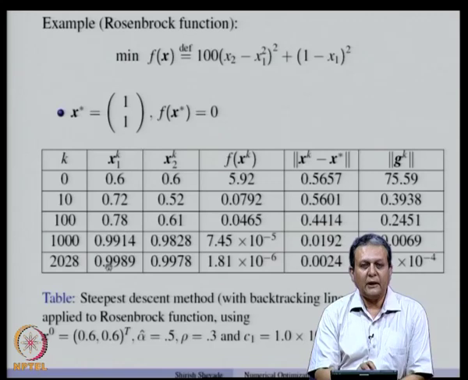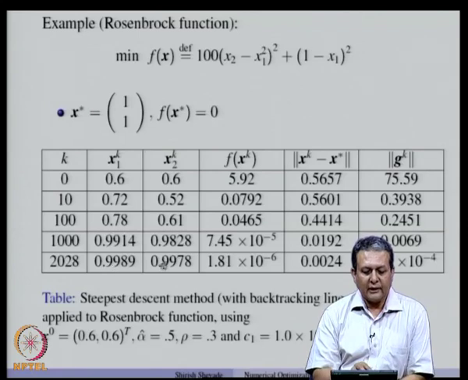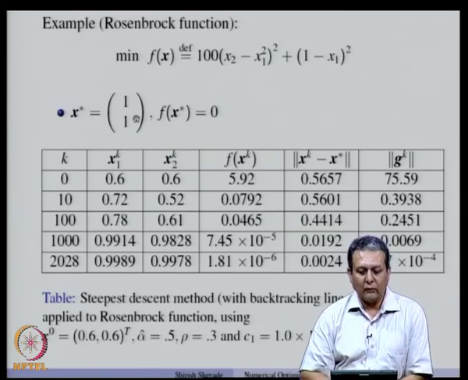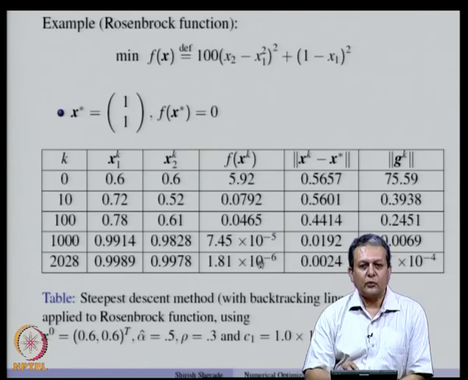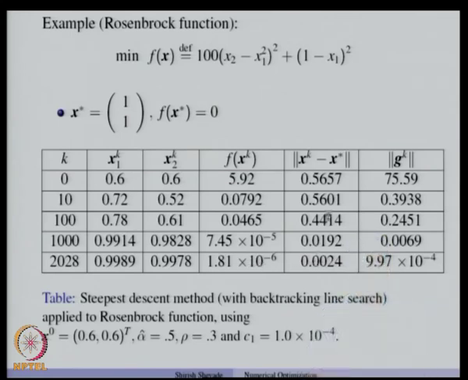to reach very close to the optimal point, which is 1, 1. So, you will see that we have reached here to a point 0.99, which is reasonably close to 1, 1, and the value of the objective function is very close to 0. The distance between xk and x star is of the order of 0.0024 and norm of gk is 9.97 into 10 to the power minus 4.